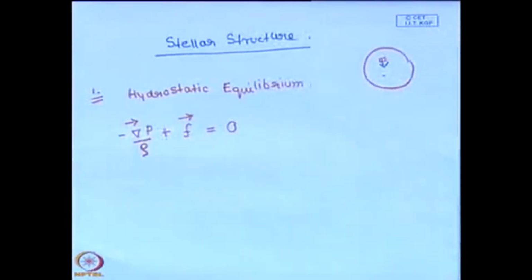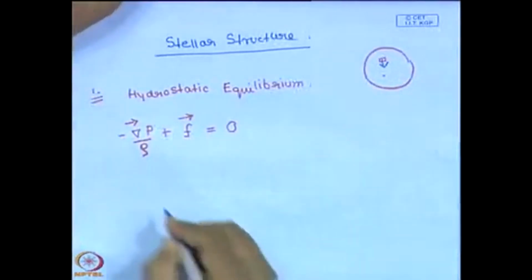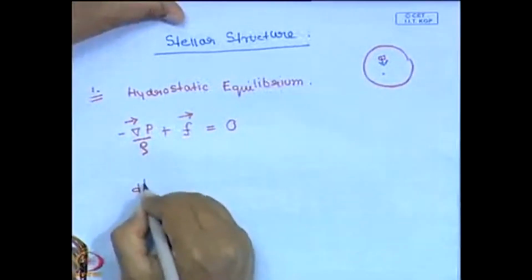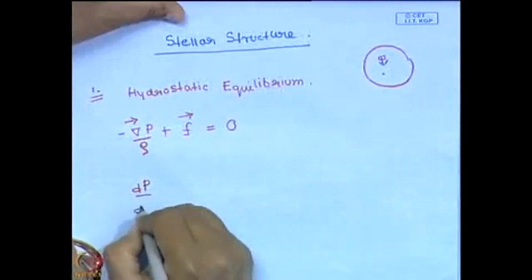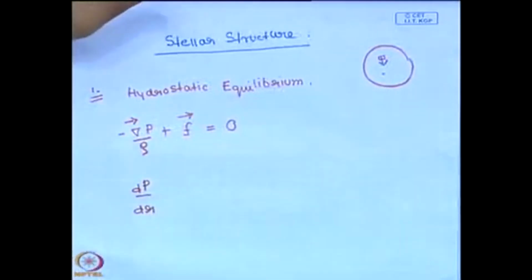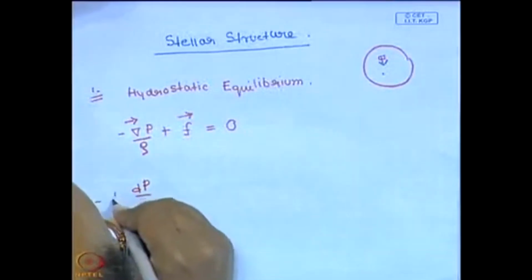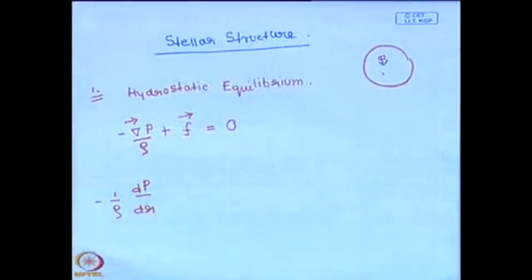So, we can now write this equation as dP by dr equals minus 1 by rho, plus the acceleration per unit mass. So, the question is how much is the acceleration per unit mass.